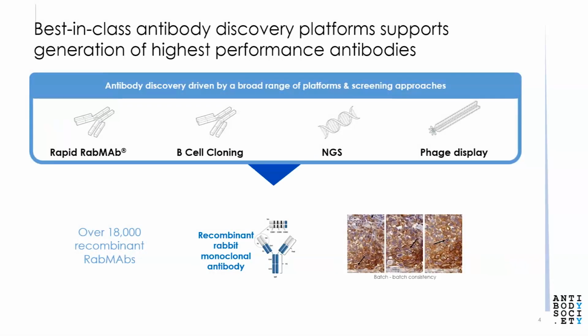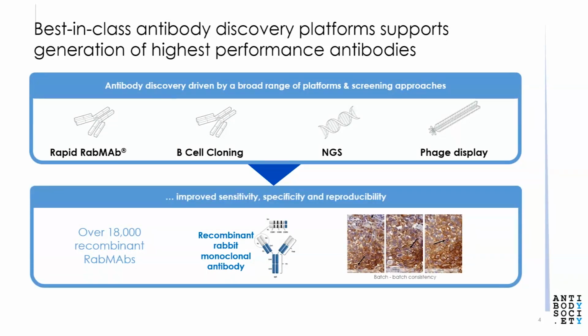At Abcam, we are utilizing best-in-class antibody discovery platforms to develop the highest performance antibodies and focusing our efforts on generating recombinant rabbit monoclonal antibodies through a platform for rapid rabbit monoclonal technologies through hybridoma conversion, B-cell cloning, NGS, and phage display.